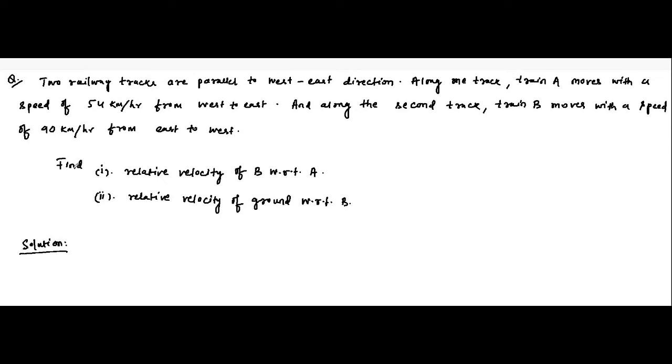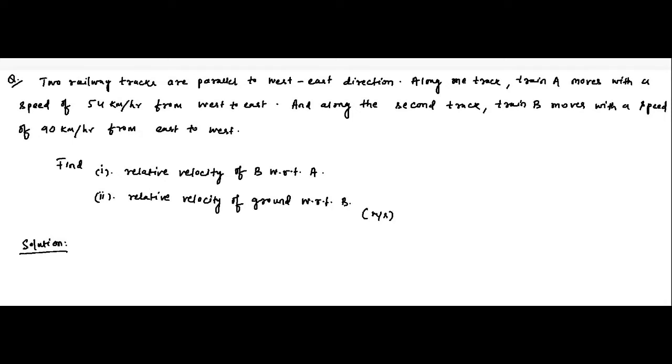And along the second track train B moves with a speed of 90 kilometers per hour from east to west. Find the relative velocity of train B with respect to train A and relative velocity of ground with respect to B. And another important thing which I have missed is that we have to find all the velocities in meter per second. Okay, that is asked.